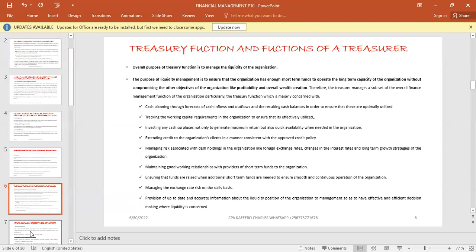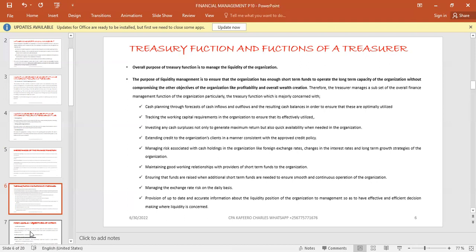And we are going to be looking at how these operations are done. We are saying that the overall purpose of the treasury function is to manage liquidity of the organization. When we are looking at liquidity, it is when money is there, to make sure that the money is available for the operations.